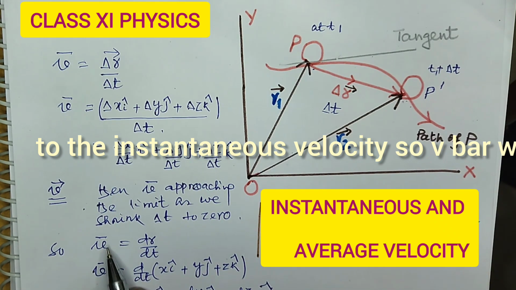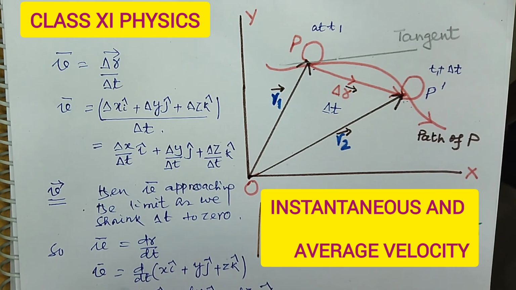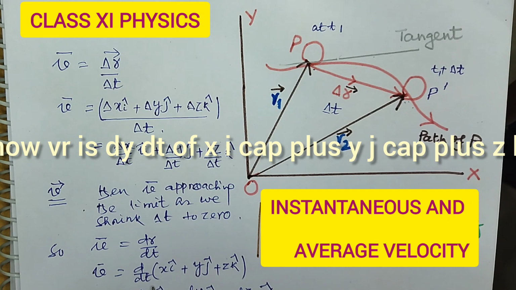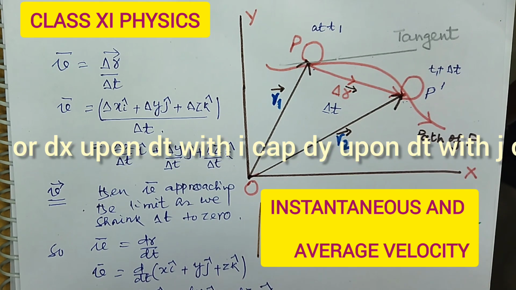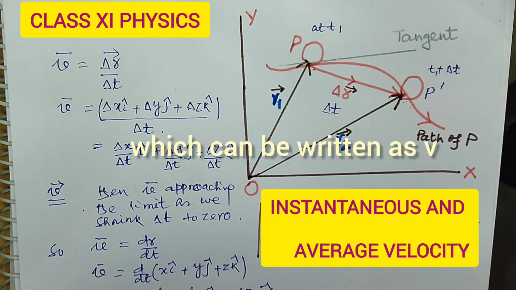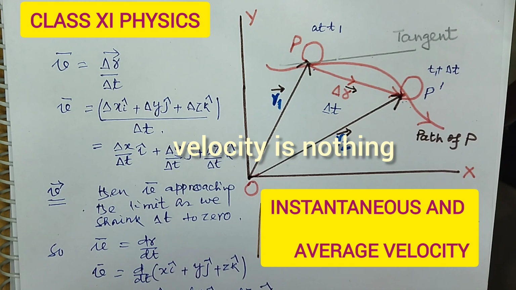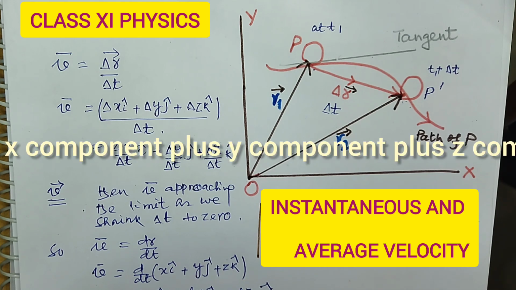So V bar we are writing here is delta r upon delta t. Now v is d/dt of x i cap plus y j cap plus z k cap, or dx upon dt with i cap, dy upon dt with j cap, and dz upon dt with k cap, which can be written as velocity being the x component plus y component plus z component.